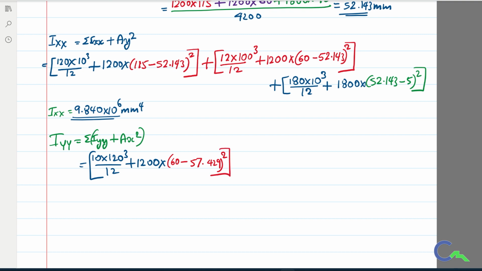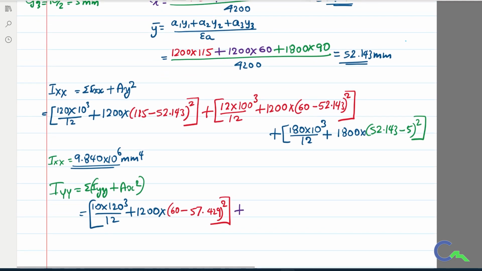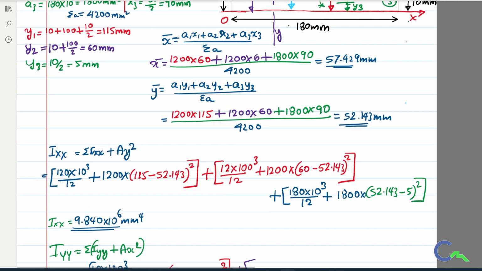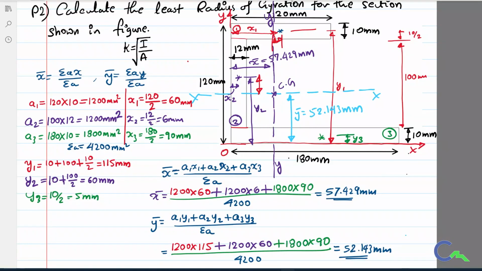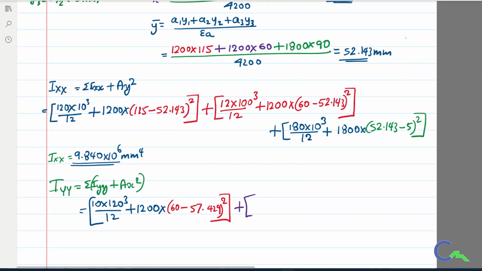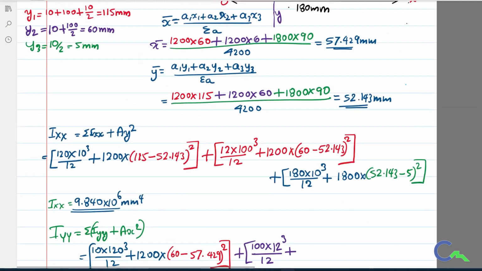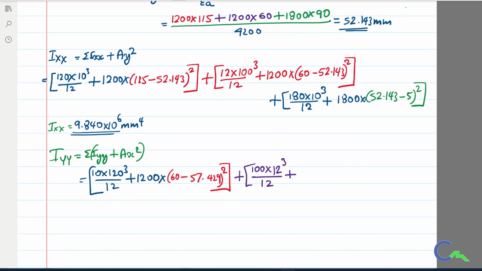If I come back to the second figure, again db cube by 12. For the second figure, d value is 100 mm, we have seen that net depth is 100 mm. So 100 into b value, 12 mm, db cube divided by 12 plus the area of the second figure, that is again 1200 mm squared.